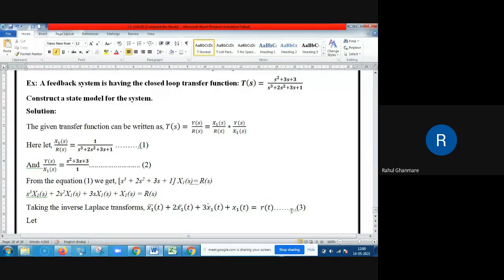So what we are doing here is taking the inverse of this equation. Now next, we require the variables, so for that we consider them.